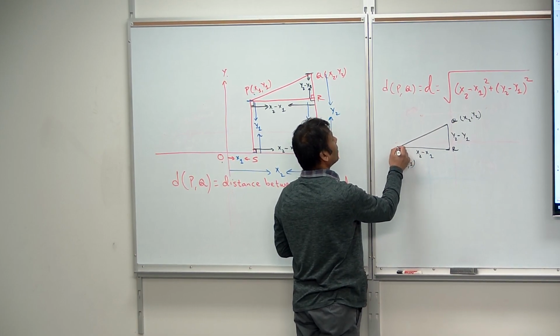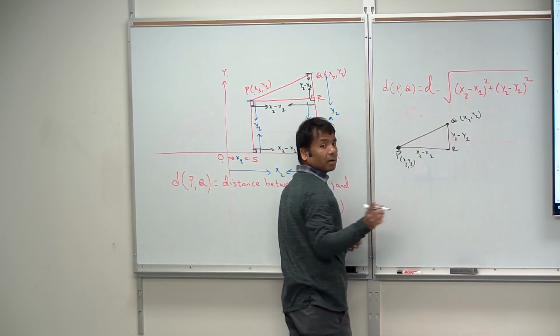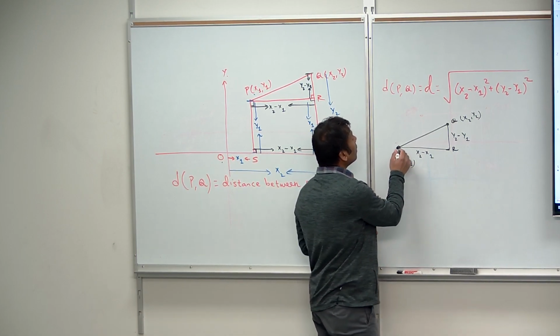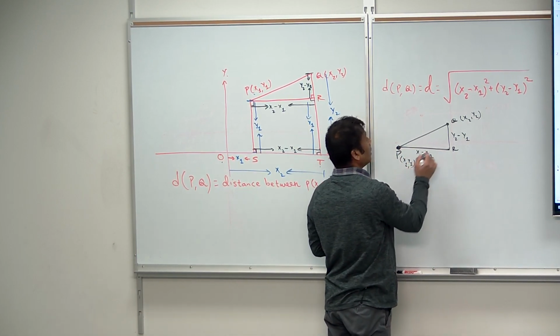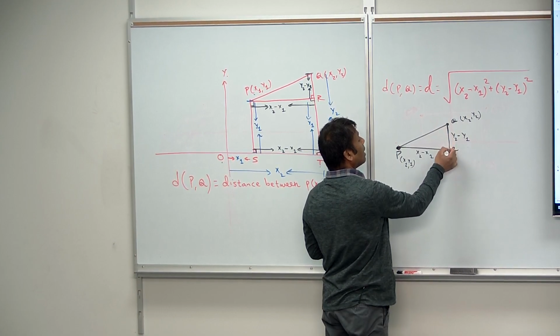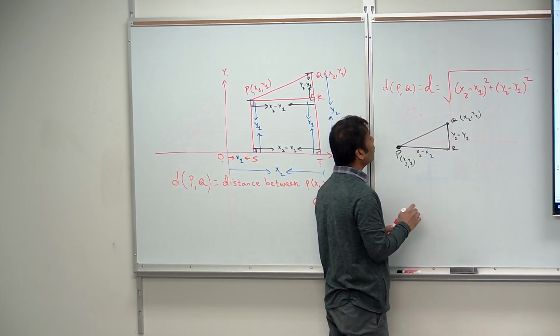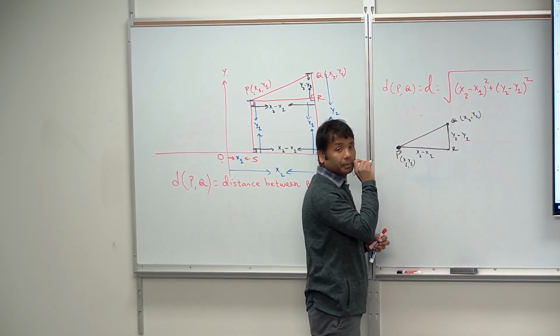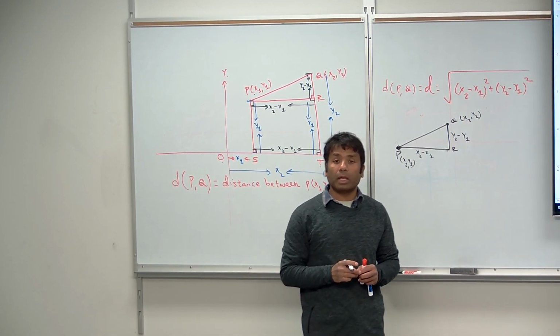So now you have to find this distance. You know PR, you know QR, is that right? So how do you find PQ? Do you know how to find PQ?